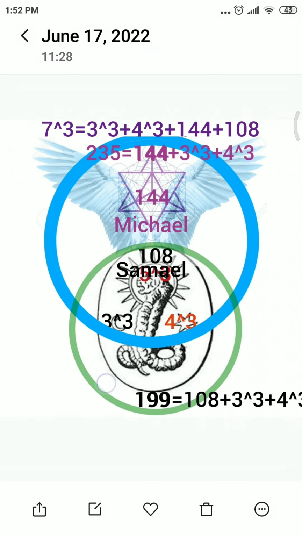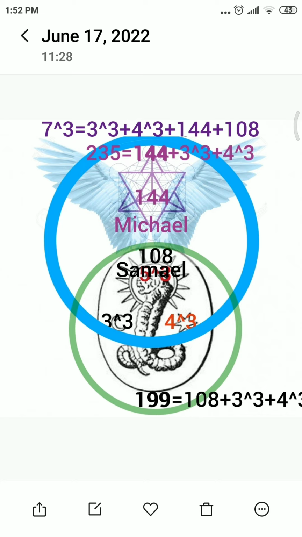This whole system together is 216, which is Saturn, which is nothing but the planet Saturn.